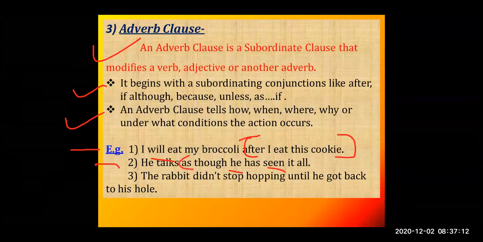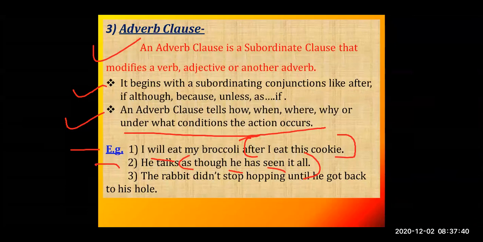So "as though he has seen it all" is your adverb clause which describes the action of talking, under what condition the action occurs. So "as though he has seen it all" is your adverb clause.